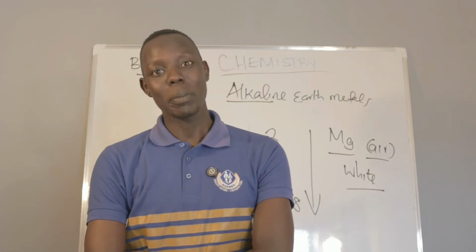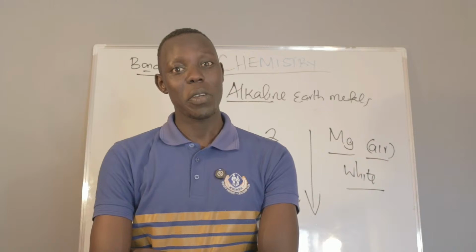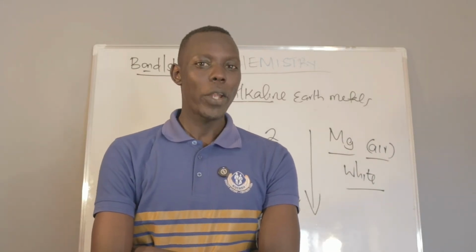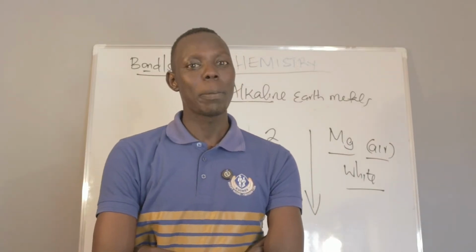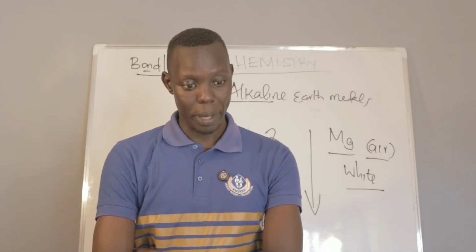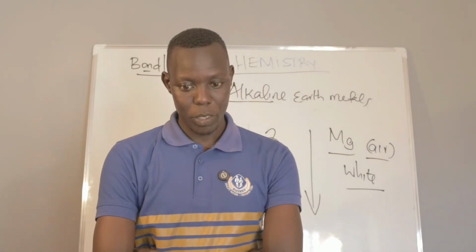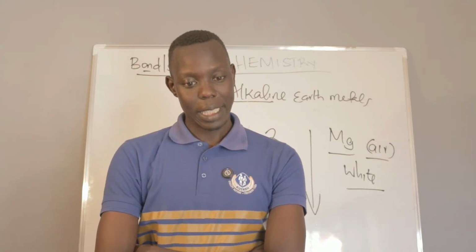When you add water to magnesium nitride, it will give you ammonia and magnesium hydroxide, all of them bases. So, when you put a red litmus paper, it will turn blue. When you put a blue one, it will remain blue. I hope, Timothy, we have understood each other. So that is how it is.